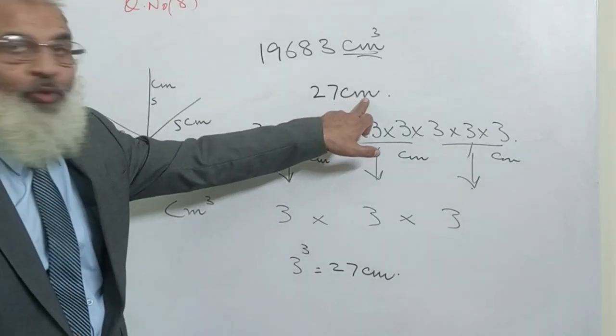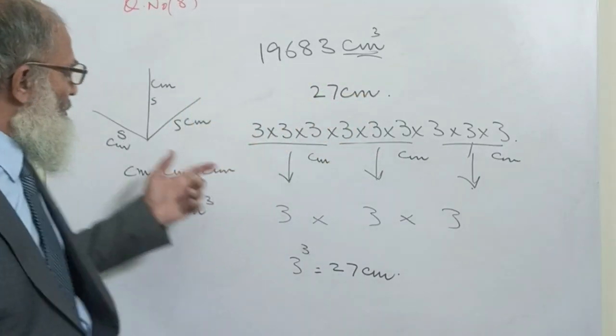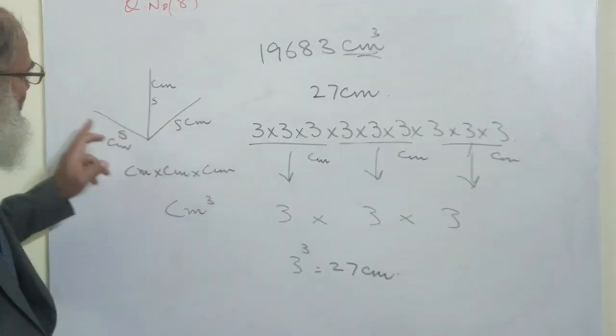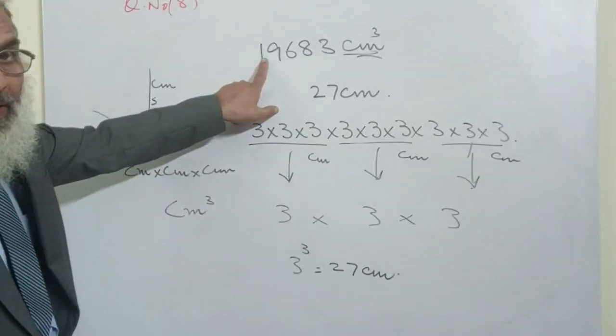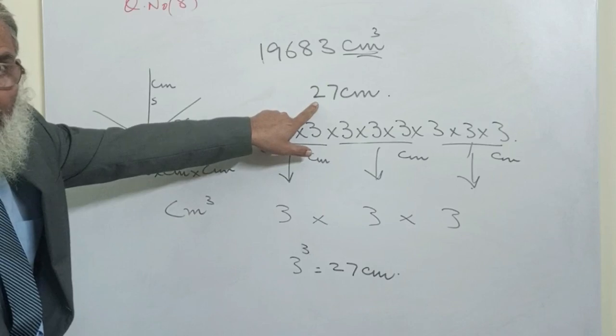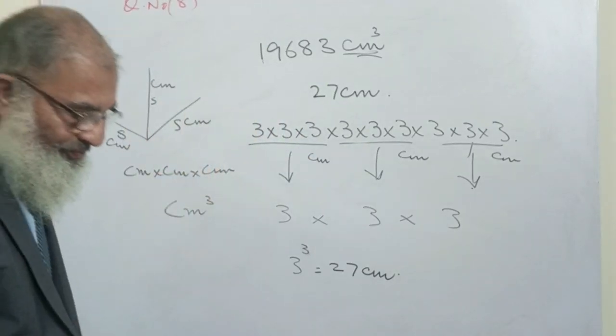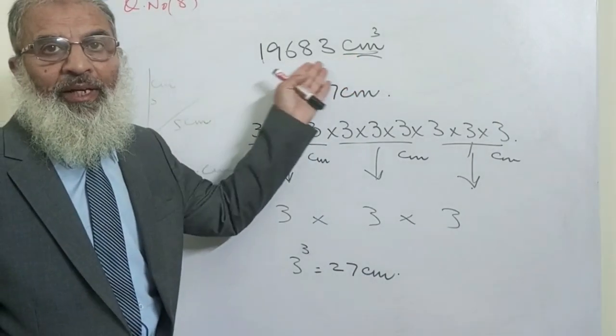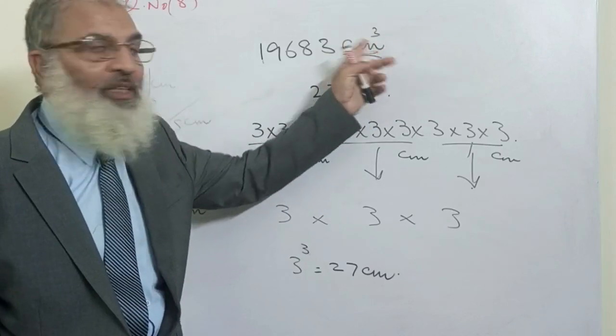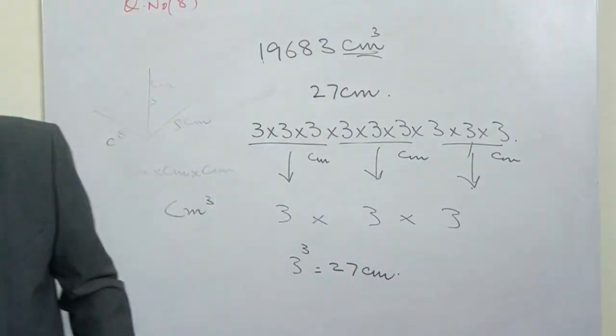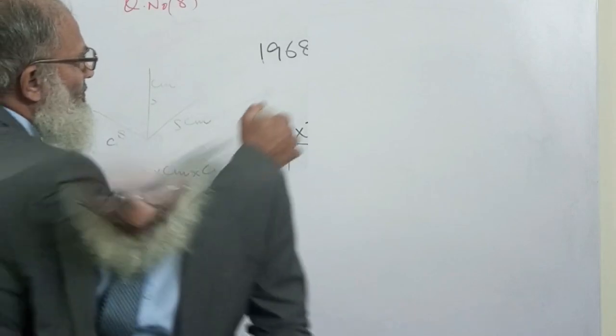So we have to remove it for one side because these are three sides. Three sides, one side. Okay, got my point? This is written, and when cube is written, it means it is the volume of that thing. Anything. One more question from this.